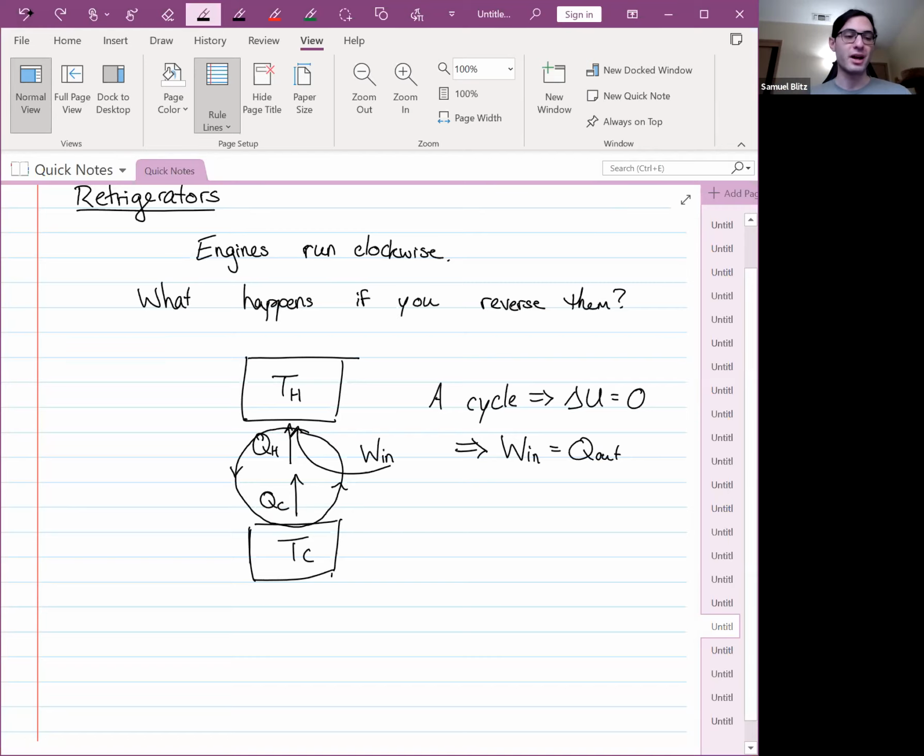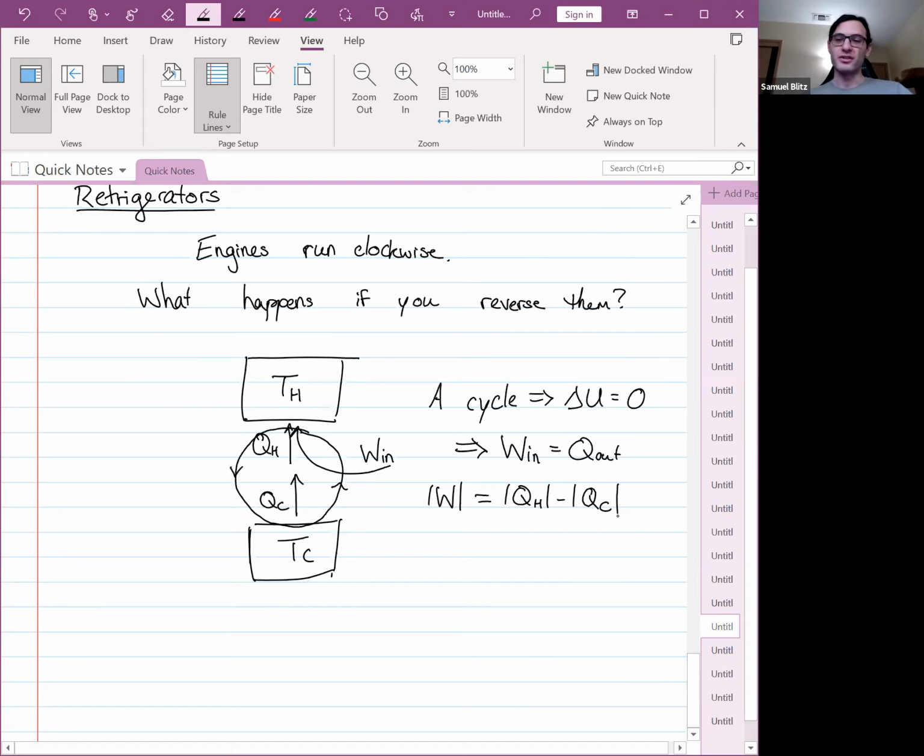So the amount of heat that leaves the working gas is just the difference between these two heats. This would be QH minus QC, right? Just like for an engine, this is the same relationship because it's just in reverse.